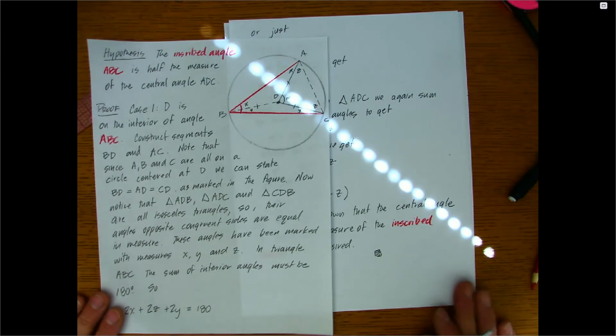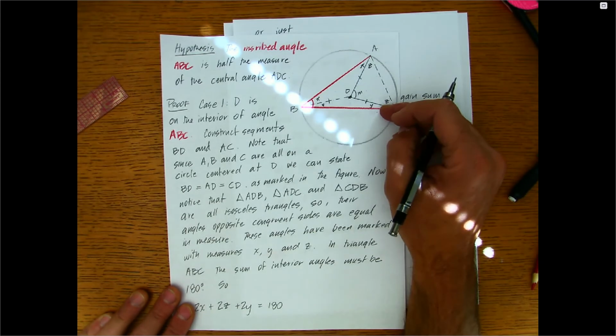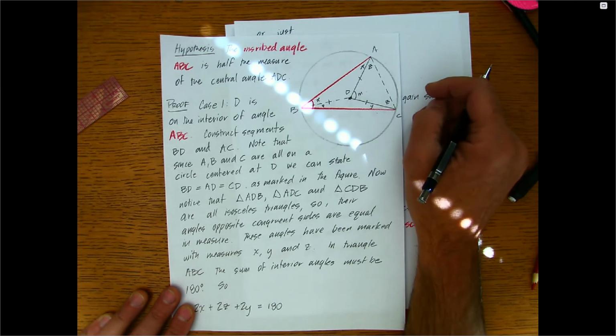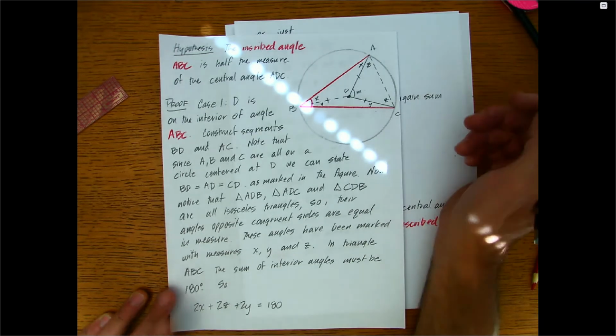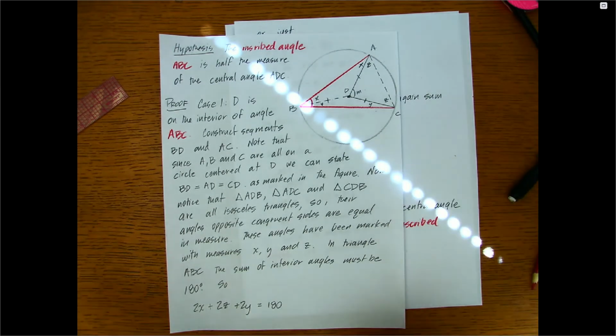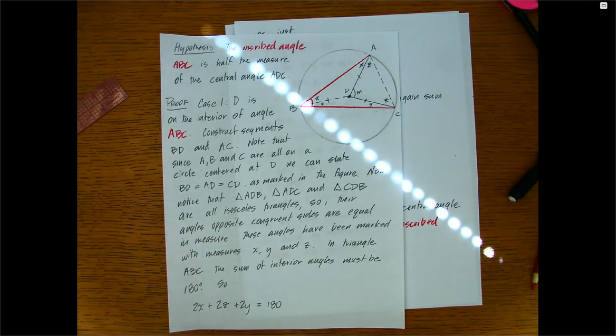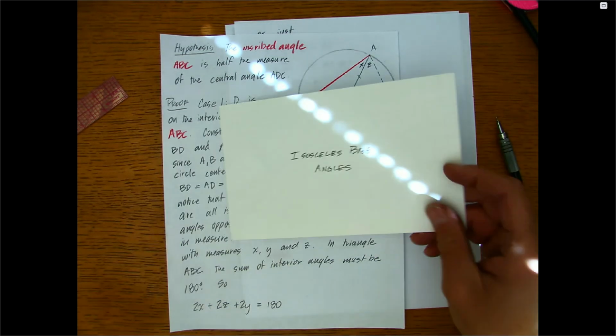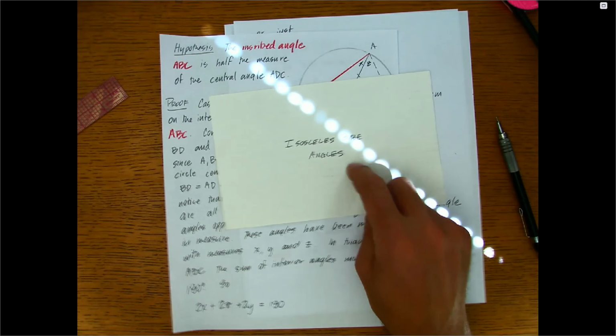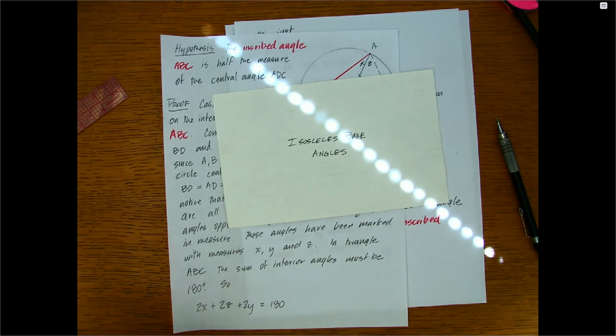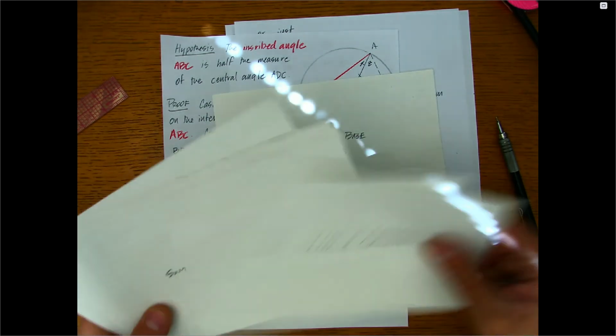In case 1, we were able to show that that inscribed angle is indeed half the measure of the central angle. Let's review what we did. Interestingly, there's no congruence of triangles at all. The thing that plays the big role here is the isosceles base angle theorem.